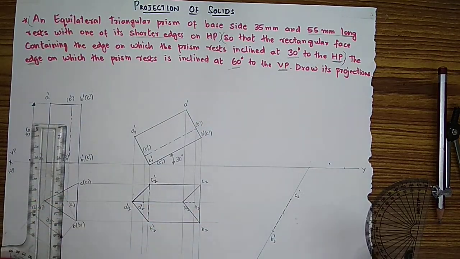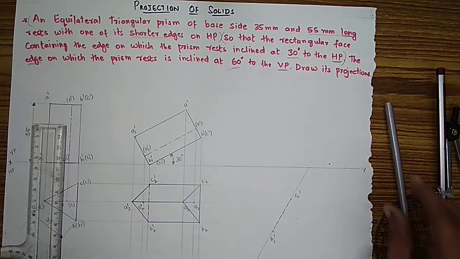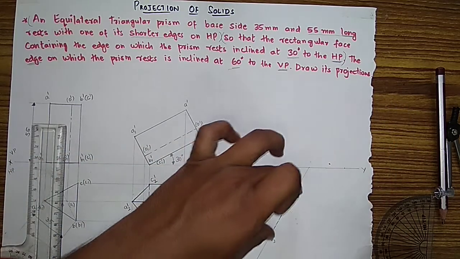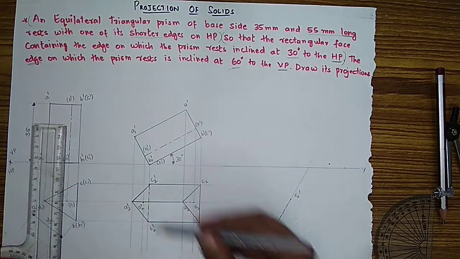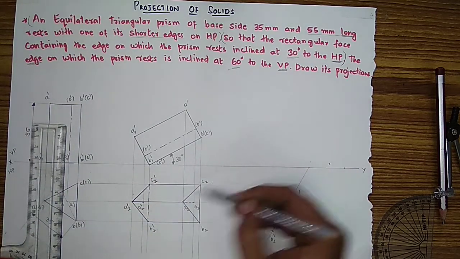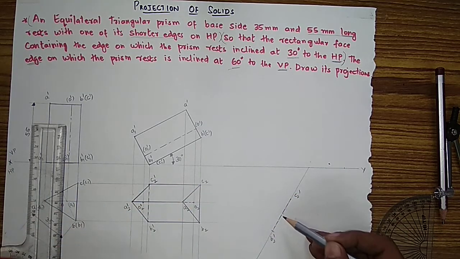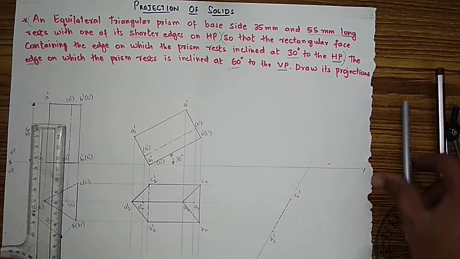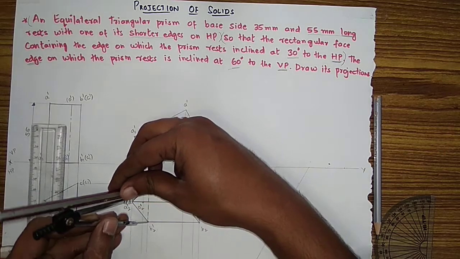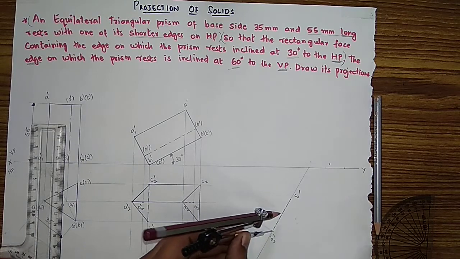The remaining lines I have to copy. To copy this, I am giving you a trick to draw. On this line, what line we have to copy? First copy that, then on that line how many perpendicular lines are going? This line and this line. Already I have taken this point, then the middle point, this line I have to measure. So I am measuring this line like this and keeping on that point.